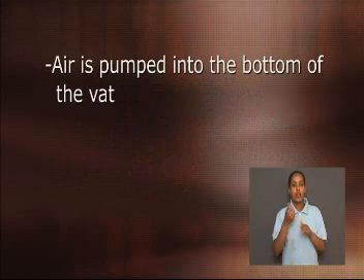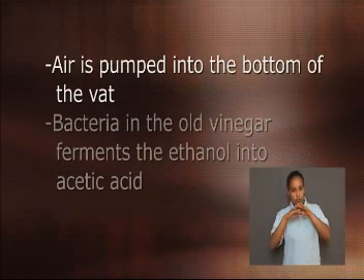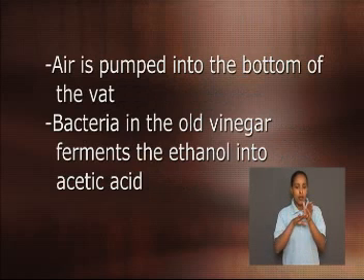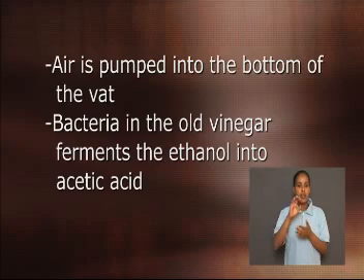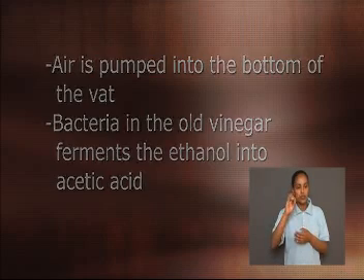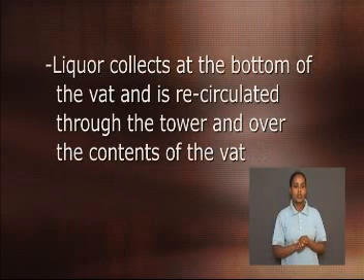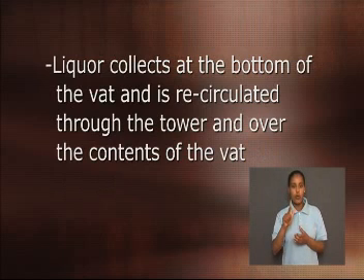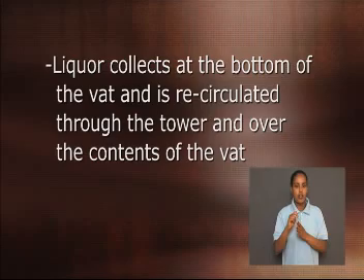Air is pumped into the bottom of the vat, and the bacteria present in the old vinegar ferments the ethanol into acetic acid. The liquor that collects at the bottom of the vat is recirculated through the tower and over the contents of the vat. If you were able to explain the process correctly, good job!